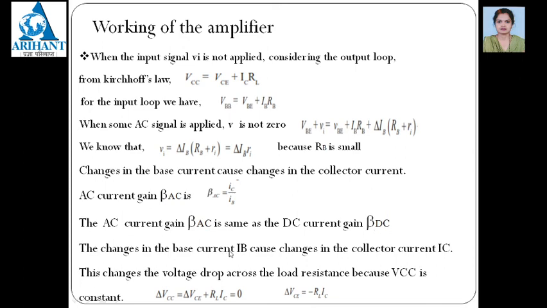The changes in the base current IB cause changes in the collector current IC also. This changes the voltage drop across the load resistance, because VCC is constant. Hence delta VCC at the output side is delta VCE plus RL into delta IC, which is equal to 0. Hence delta VCE is equal to minus RL into delta IC.